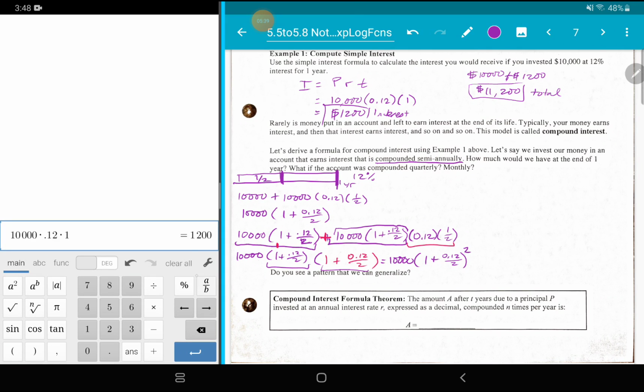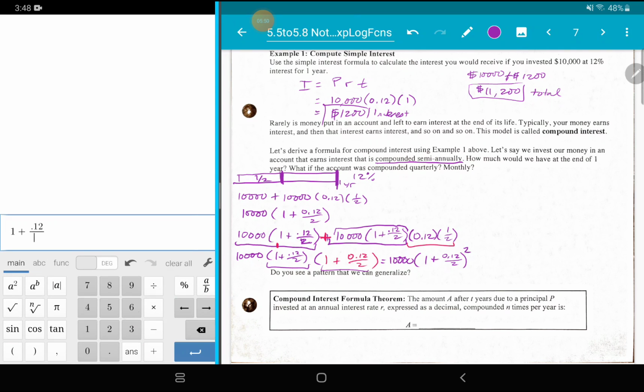So calculating that, we're going to get 1 plus 0.12 divided by 2. We're going to take that amount and take that to the second power and then multiply that by 10,000.